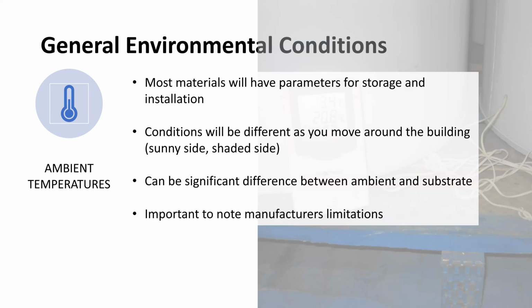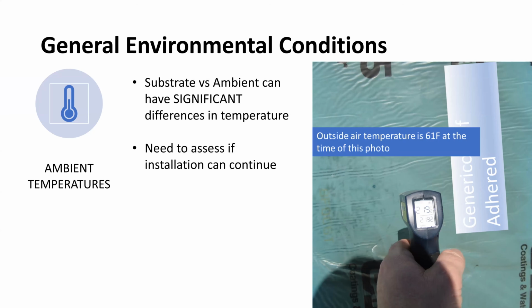So understanding the substrate and the limitations that the manufacturer has is important. All this is going to be on their technical data sheet, their installation instructions. So it isn't too hard to figure out what those highs and lows are, okay? Now, one thing to keep in mind is you can have a very big difference between substrate and ambient, okay? So here's an example where it's about 61 degrees Fahrenheit. So, not too hot, not too cold, right in the middle.